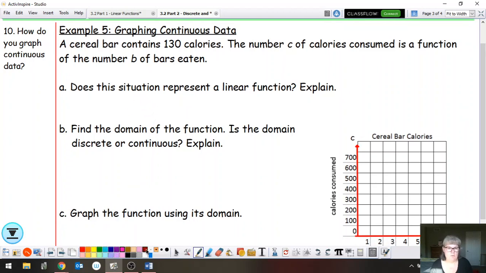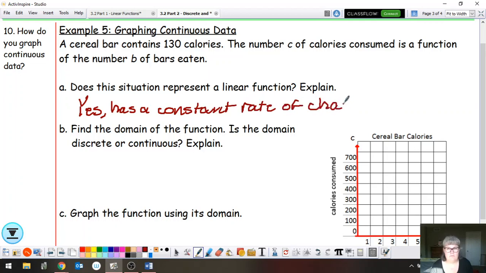I believe so. That constant rate of change is the number of calories per bar.